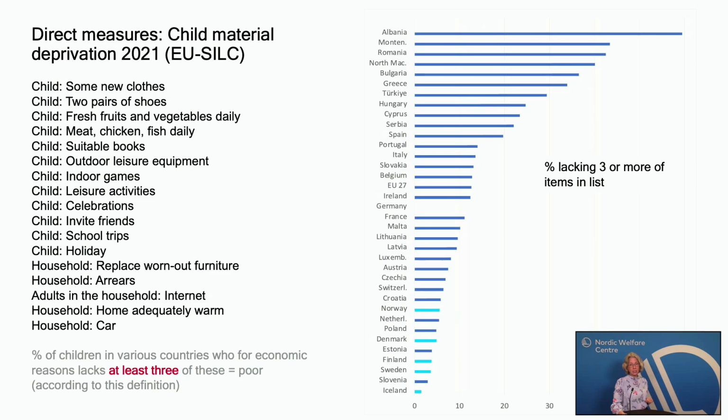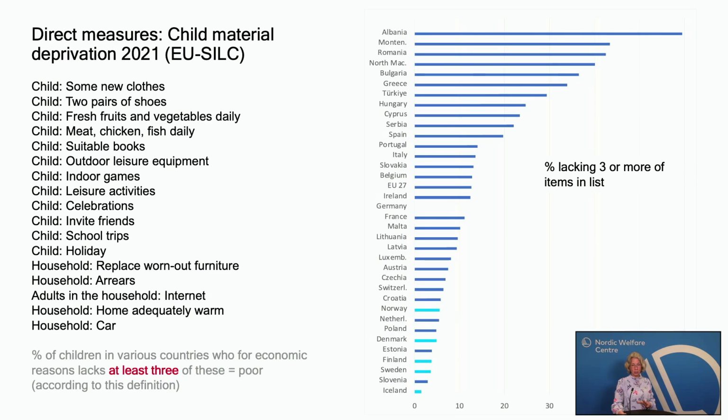What you see here are the countries taking part in EU-SILC, and you have the list of 17 items, and then on the other side the percentage in the different countries of children who lack at least 3 of these items. What you can see is that Albania is by far the worst country for a child to live in in this respect, with around 60% of children being materially deprived.